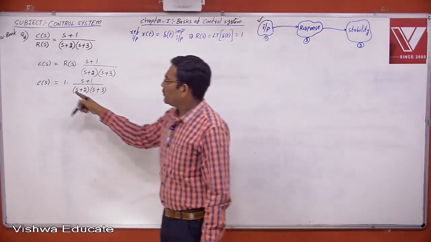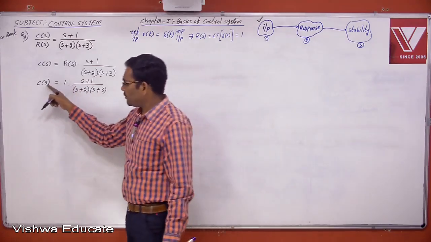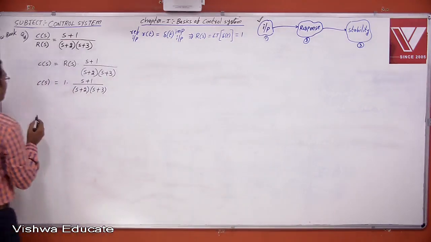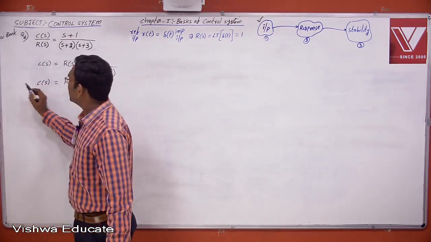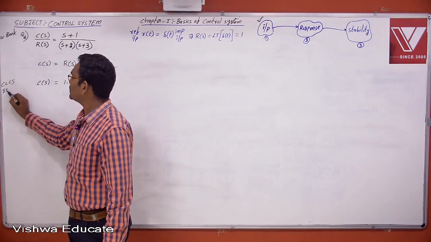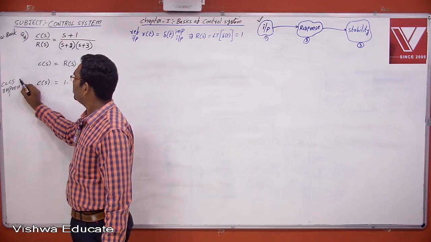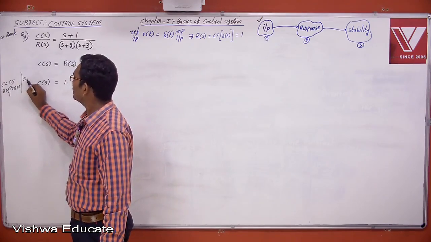Impulse input. If you are applying impulse input, then this response is nothing but the impulse response. This is the closed loop control system response, which is nothing but impulse response.